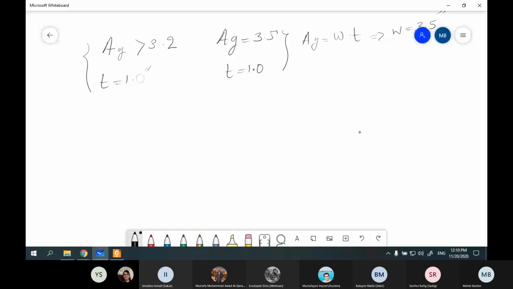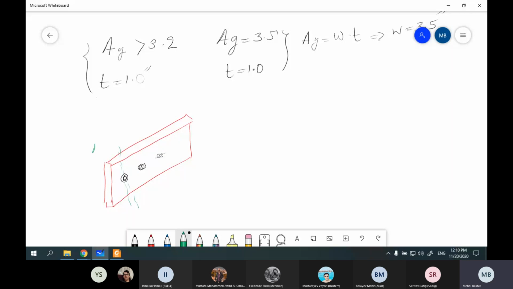This is our new member. I don't know how many holes we have, but one is enough to find An. This is 3.5. The thickness is 1.